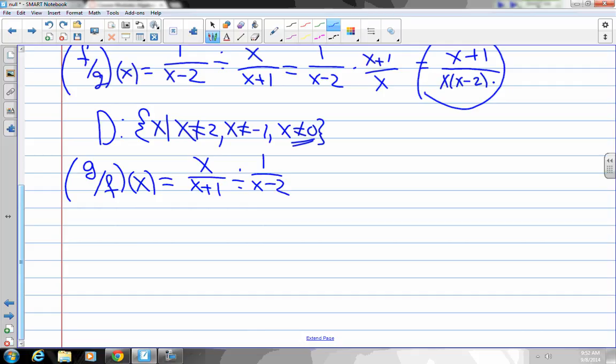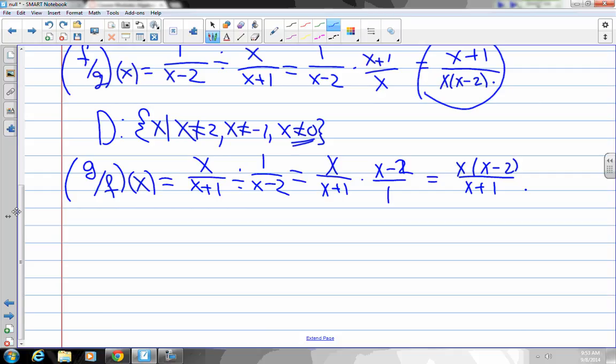G divided by f, so flip f, so that becomes x over x plus 1 times x minus 2 over 1, and then you just multiply them straight across. Whatever that is, yeah. You're going to reflect back on this period as good old days.